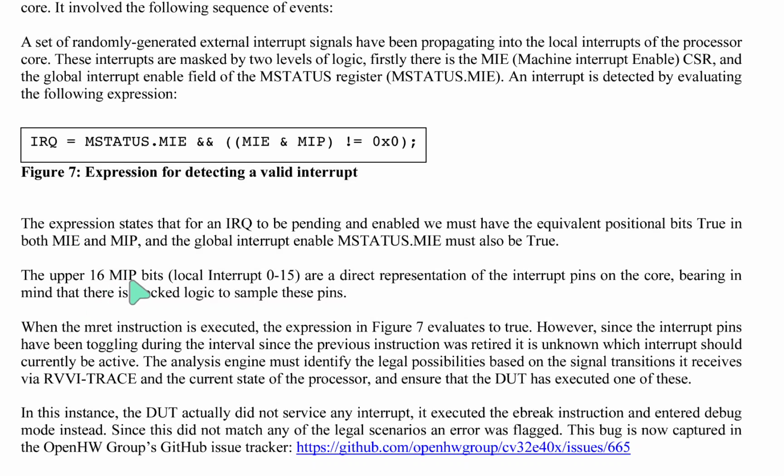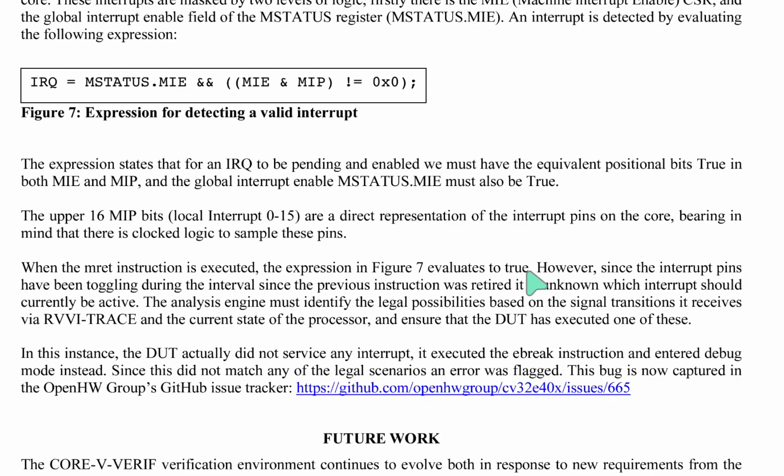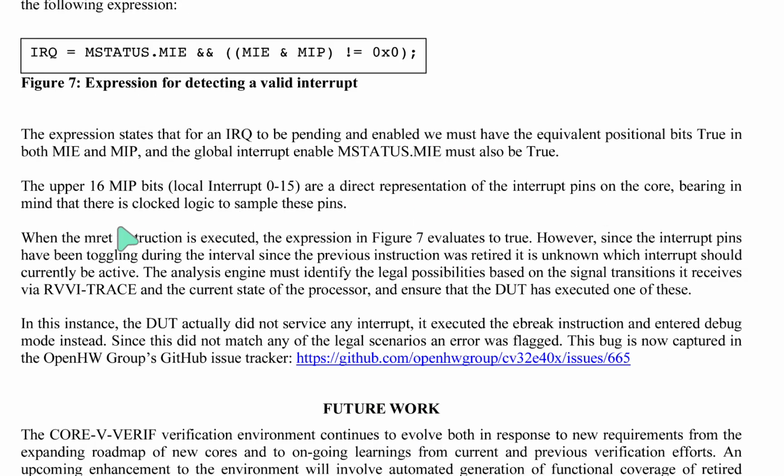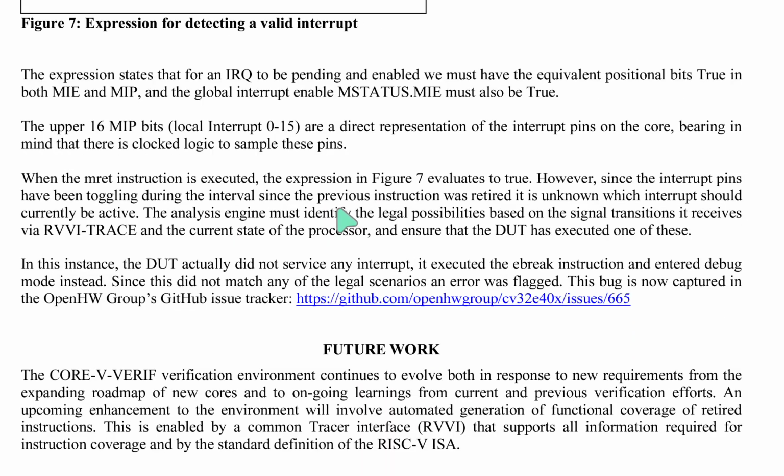The upper 16 MIP bits, local interrupts 0-15, are a direct representation of the interrupt pins on the core, bearing in mind there is a clocked logic stage to sample these pins.